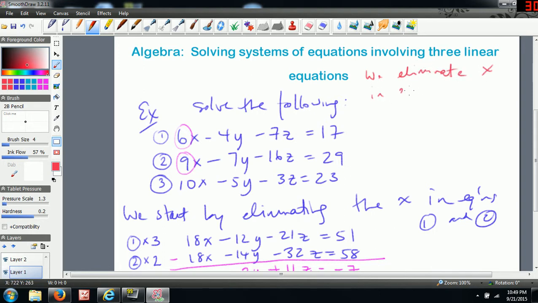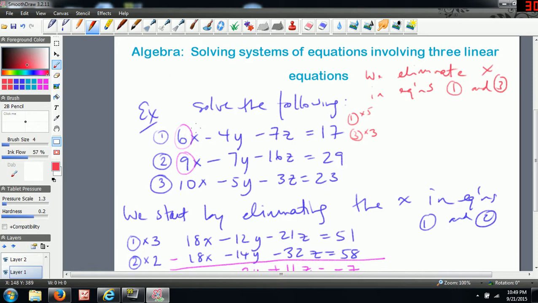To do that, I take equation 1 and multiply it by 5, and I take equation 3 and multiply it by 3. The reason I'm doing that is because I'm going to make this 30 and I'm going to make this 30. So I'm going to make them the same thing.